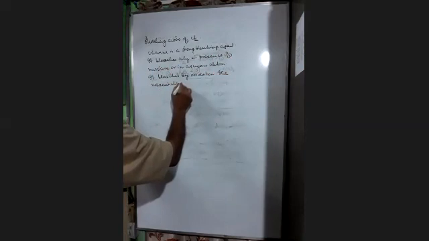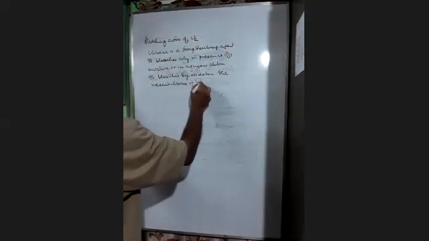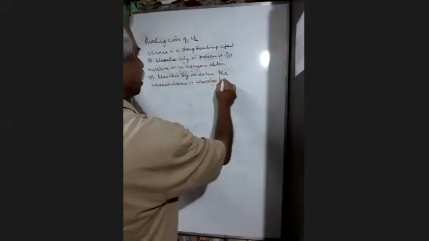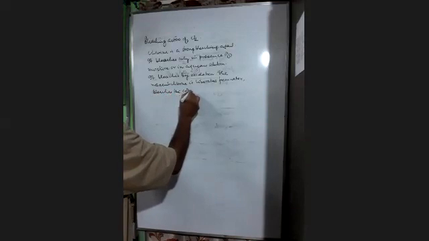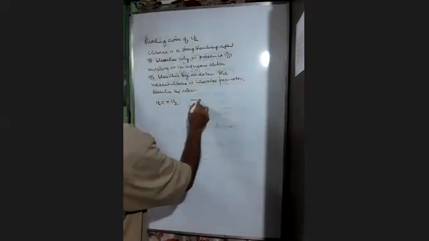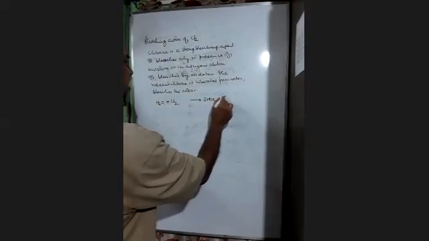The nascent chlorine it liberates from water bleaches the color. So right now here, this equation already we have written: 2HCl plus nascent oxygen.